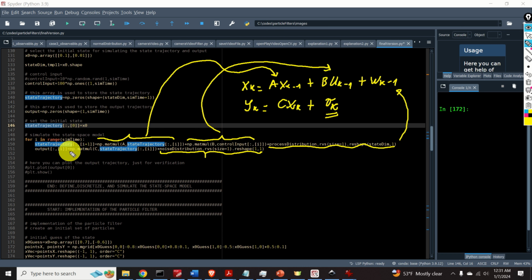Then, here, we perform the multiplication of C and xk, and after we compute the right-hand sides, we store them in the corresponding arrays. That is, in this array and in this array. And that's it. We do it recursively for different values of the index i.